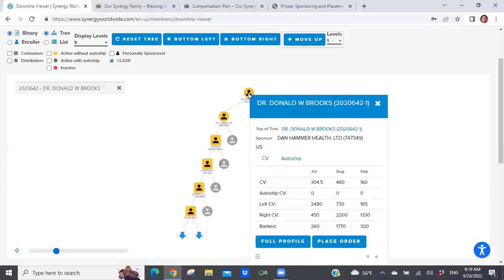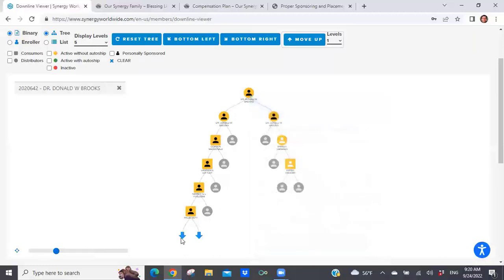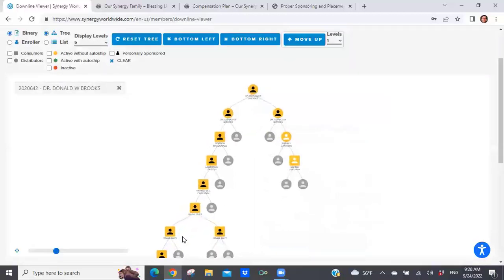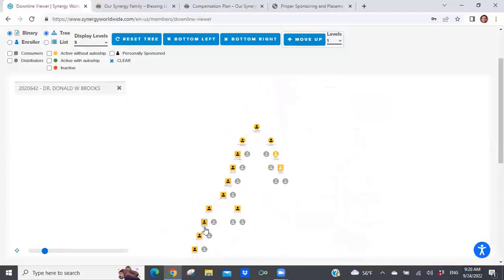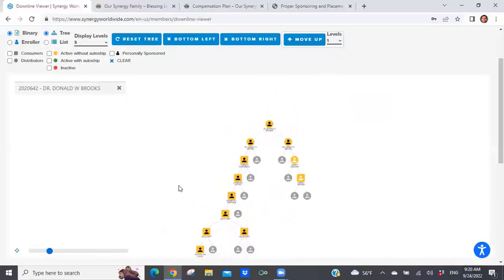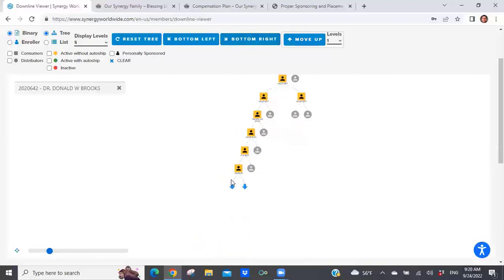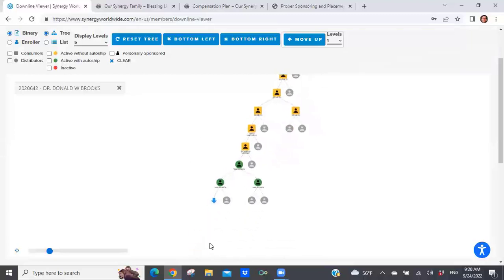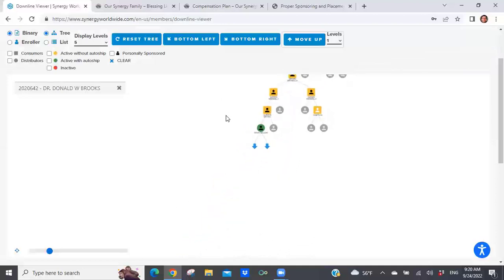So where would I want to place that individual? I've got Dr. Brooks. I can click here on this downward tab. And I can work with Dr. Brooks to figure out who is the last person in his organization on his left-hand side that we would want to place that individual under.